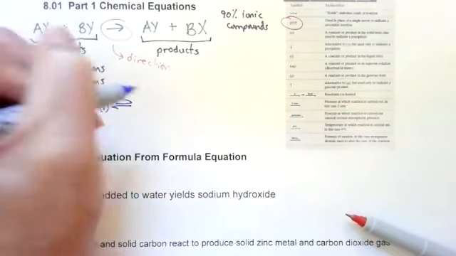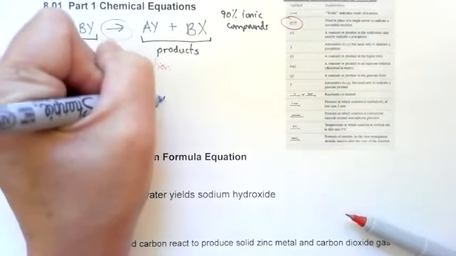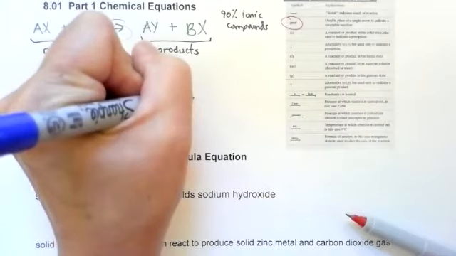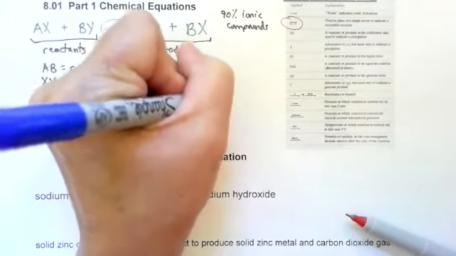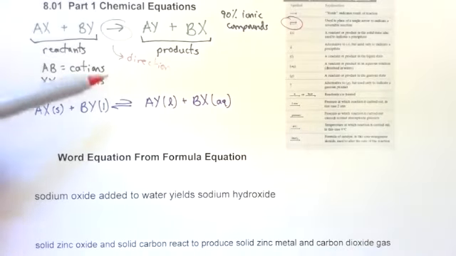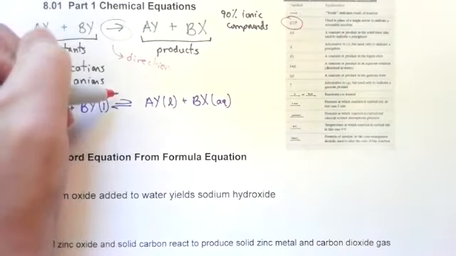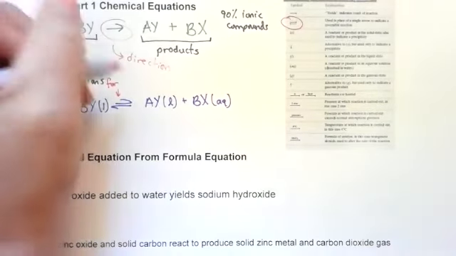I'm going to put this double arrow in. It's going to be AY, L plus BX, AQ. I added a few things here. When we have this arrow, it means the reaction can go both directions, forwards and backwards.